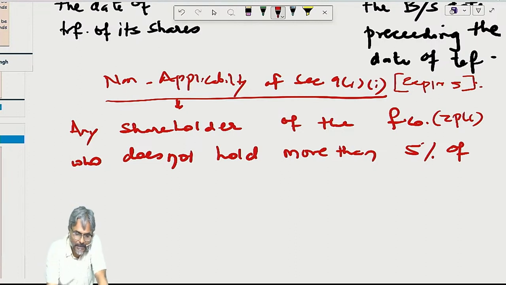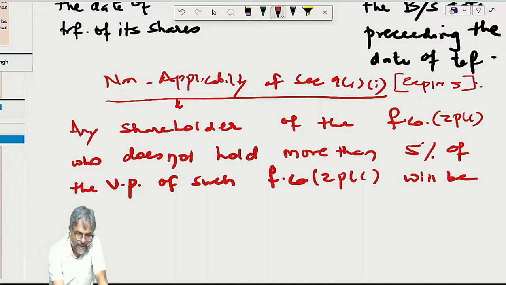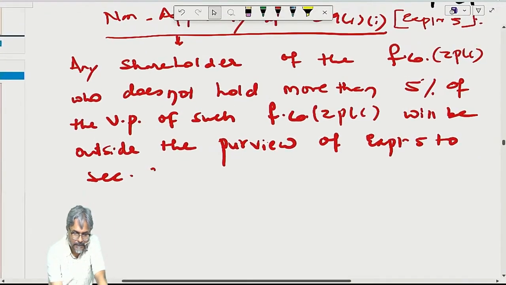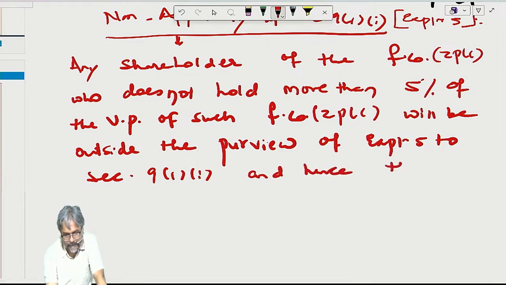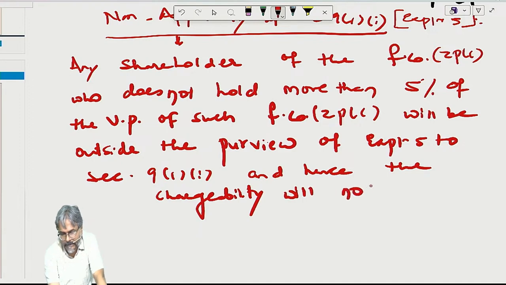Any shareholder of the foreign company ZPLC who does not hold more than 5% of the voting power of such foreign company will be outside the purview of Explanation 5 to section 9(1)(i), and hence the chargeability will not be attracted.